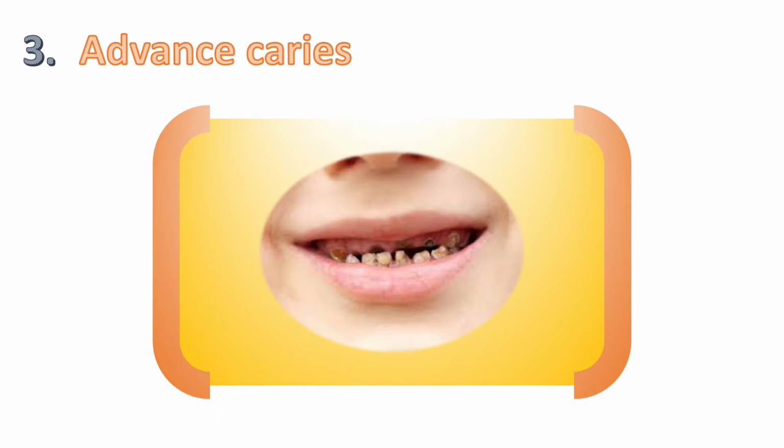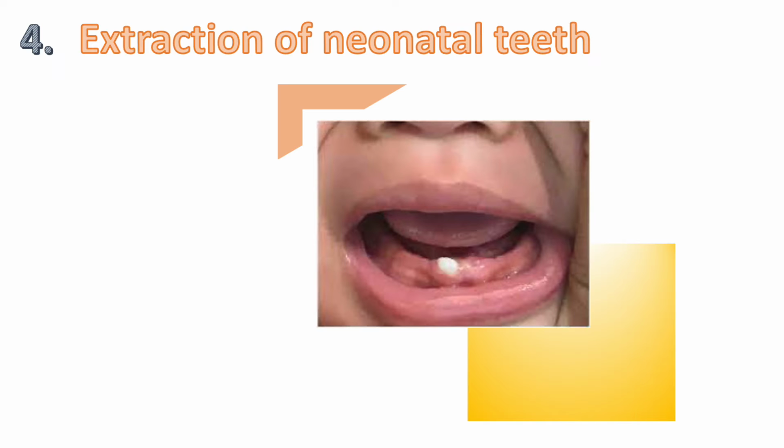Why knowing the reason is important is because the treatment will depend upon the reason. Then, extraction of neonatal teeth. That means a child is born with a tooth, because the first set of teeth usually erupts after 6 months of birth.